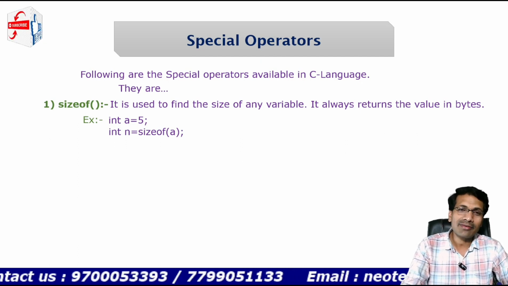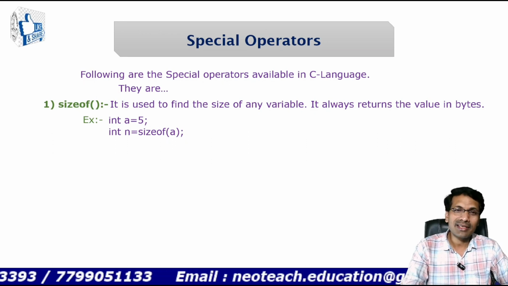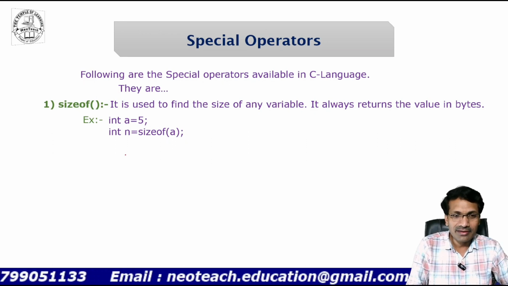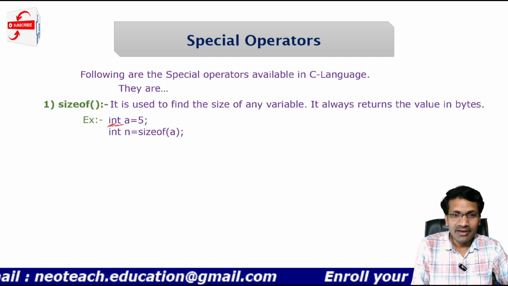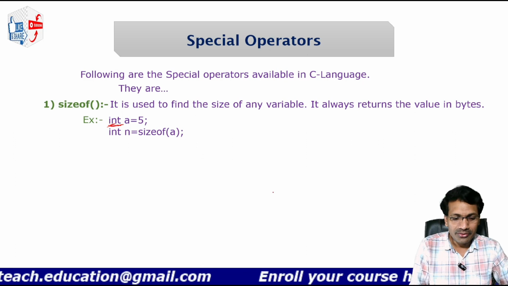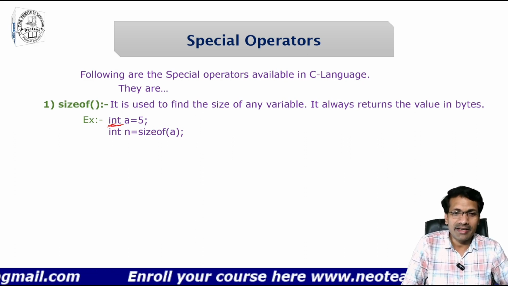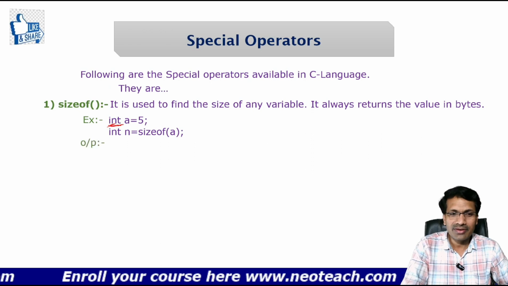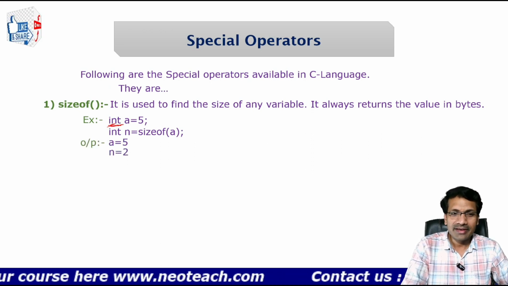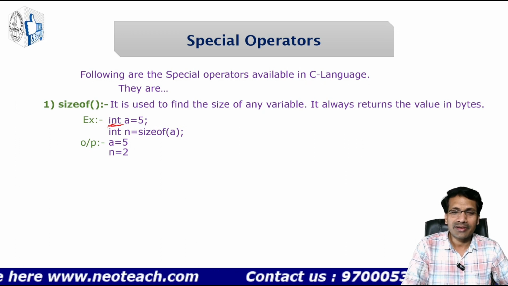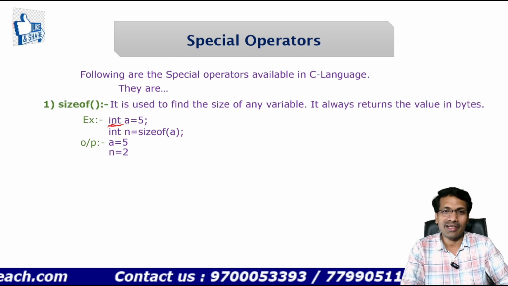Actually, what is the value of a? 5. What is the size of a? A is nothing but a variable. Which type of variable? It is an integer type variable. So due to the integer variable, the integer size is nothing but 2 bytes. So whenever we take output, the a value is 5, right? Next, n value is 2, because a value is 5 only, but n holds sizeof a.